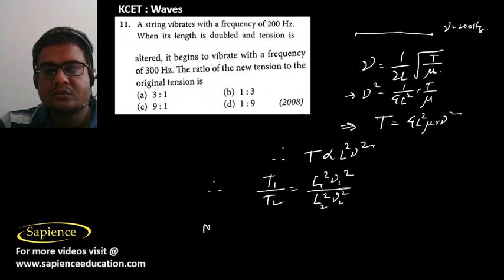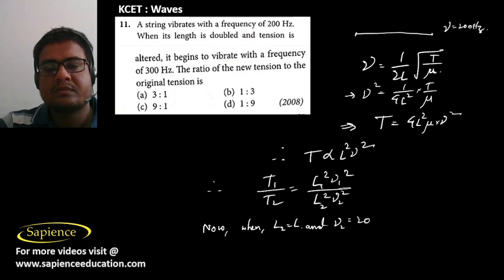Now here, suppose L2 is equal to L and nu2 is 200. The length is doubled, and we need the ratio of the new tension to the original tension. Let's suppose T2 is the original tension and T1 is the new tension.